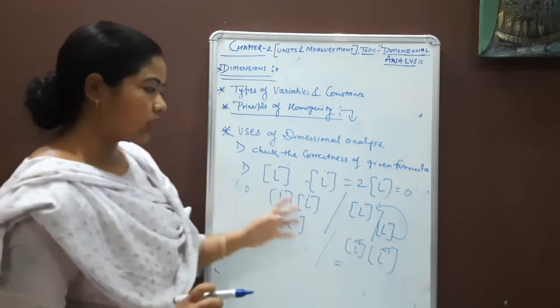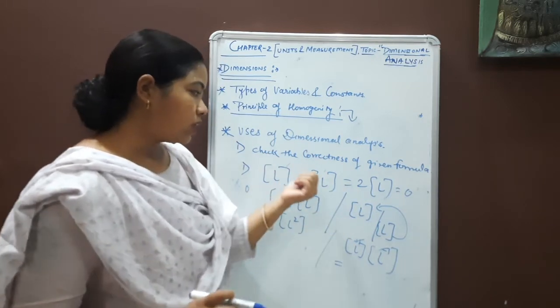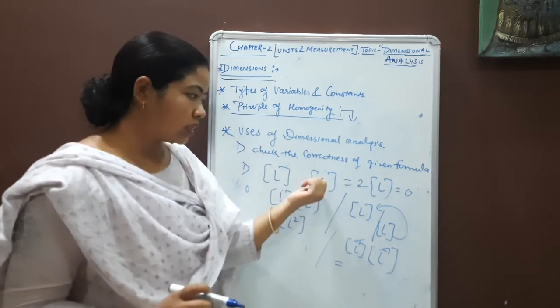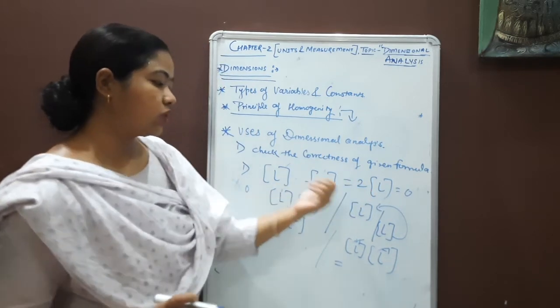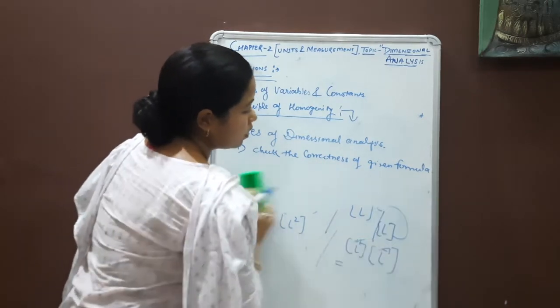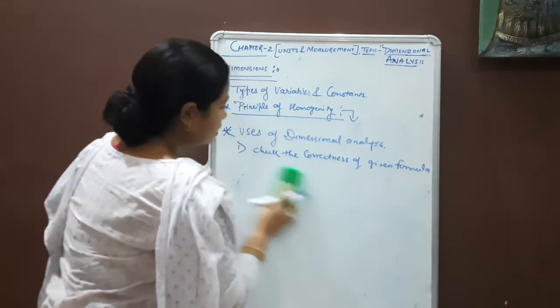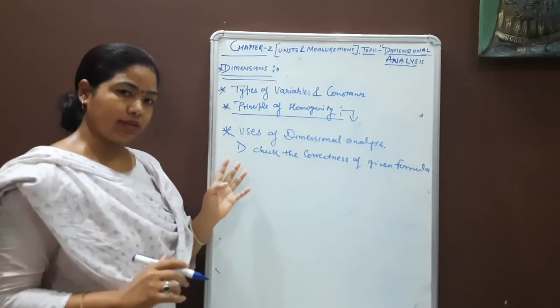The conclusion is that addition and subtraction are not possible in dimensional analysis, but we can do multiplication and division. Right? So always remember these 2 things whenever you are studying dimensional analysis.